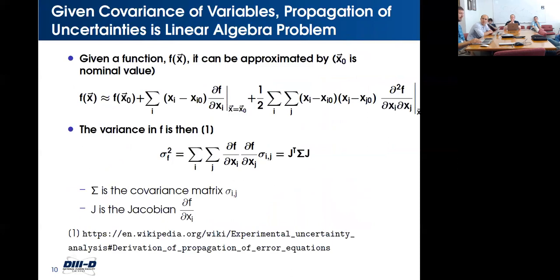So a little commentary on how uncertainties are propagated. The correlation matrix is this sigma ij.